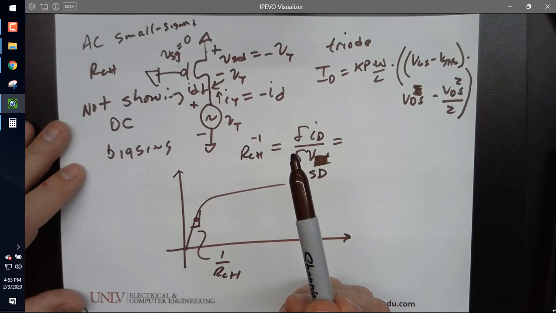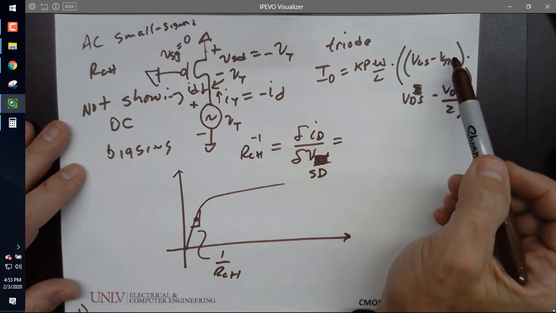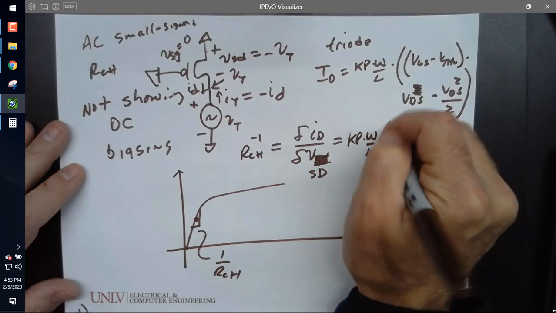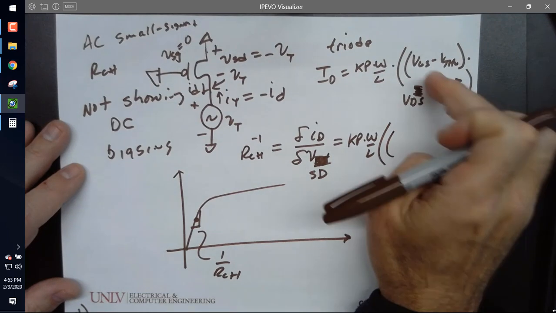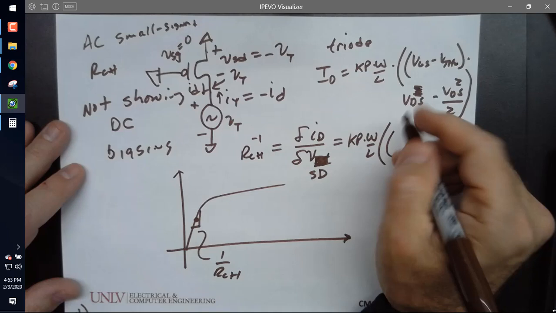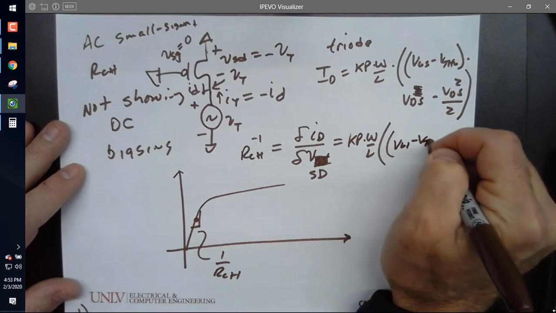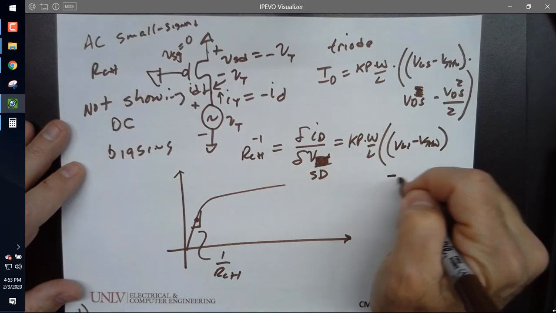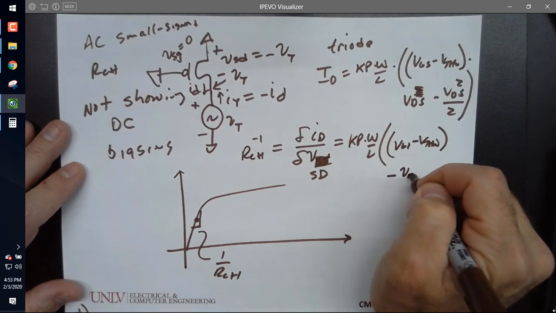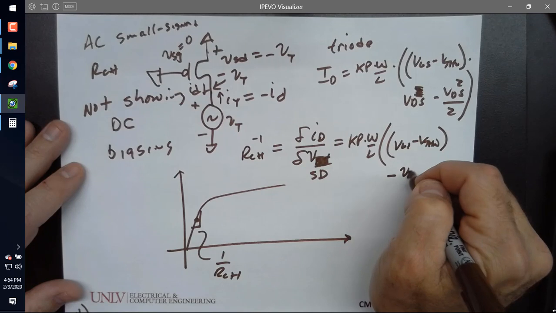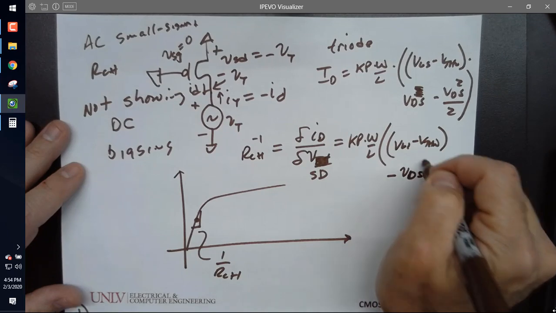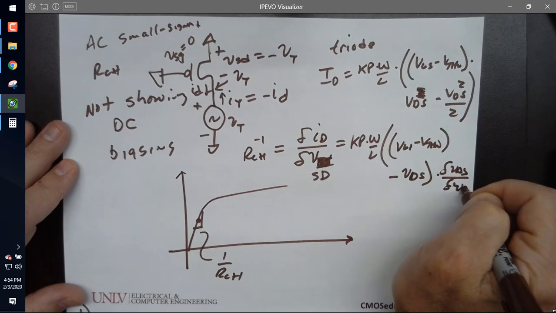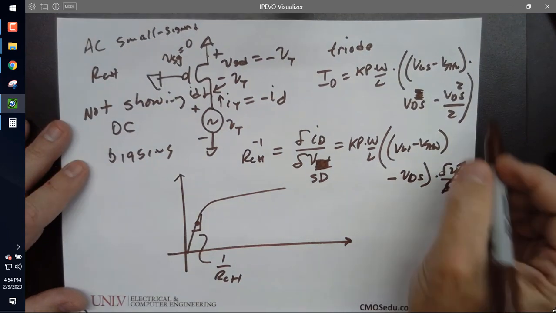All right, and so if I take the derivative, this becomes KP times W over L times the derivative of this with respect to VDS, which is just VGS minus V threshold N. The derivative of this with respect to VDS is just VDS. And that's times the derivative of VDS with respect to VDS, and that's just 1.